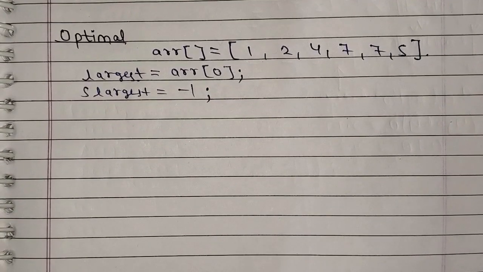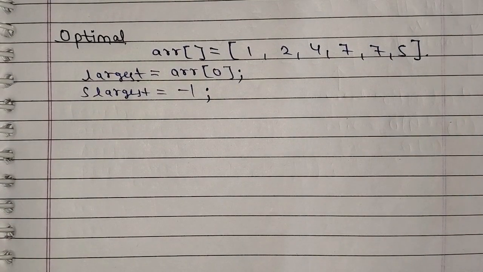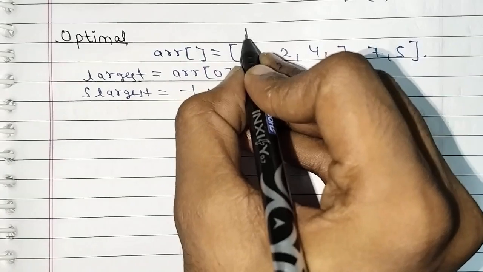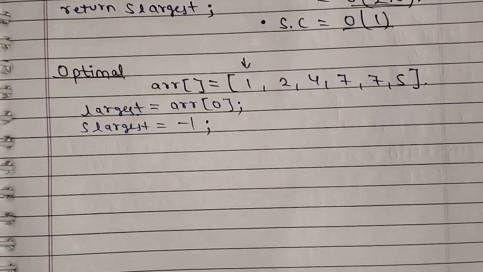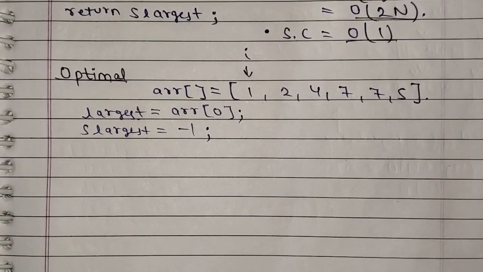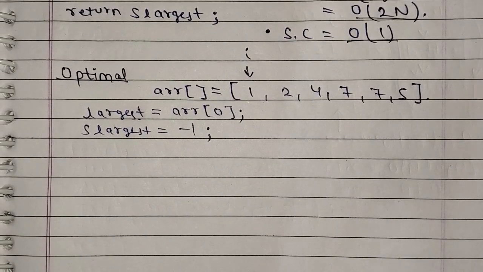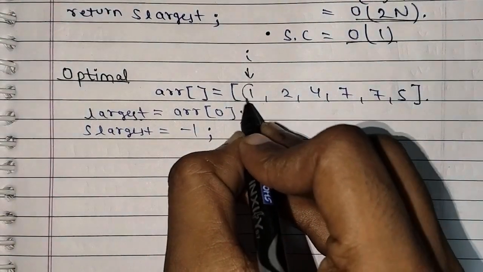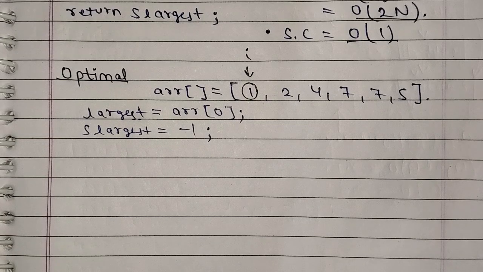Here the time complexity is big O of n, because we are using only one loop for iterating each element. Firstly, i is equal to 0, and we are iterating in this particular array.